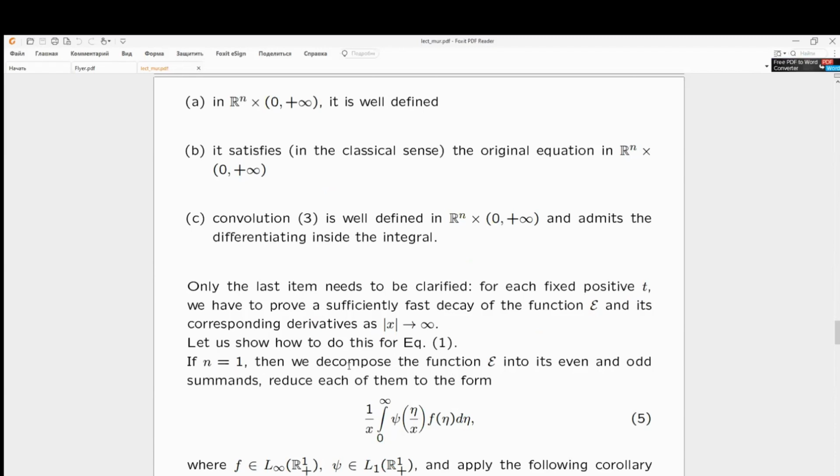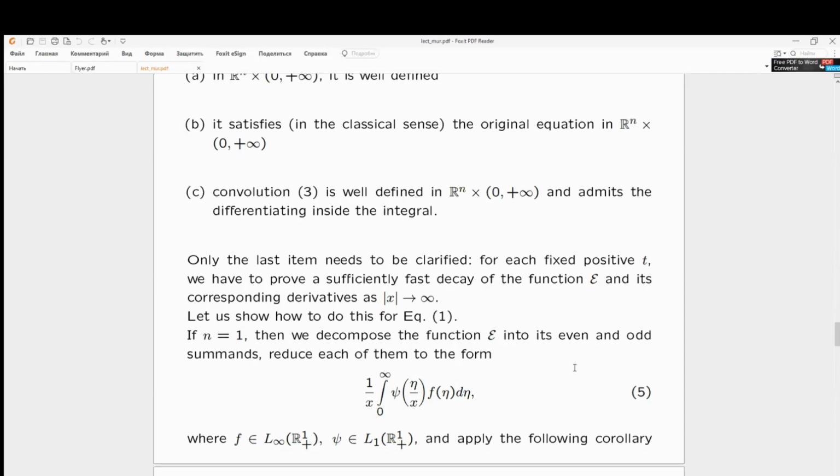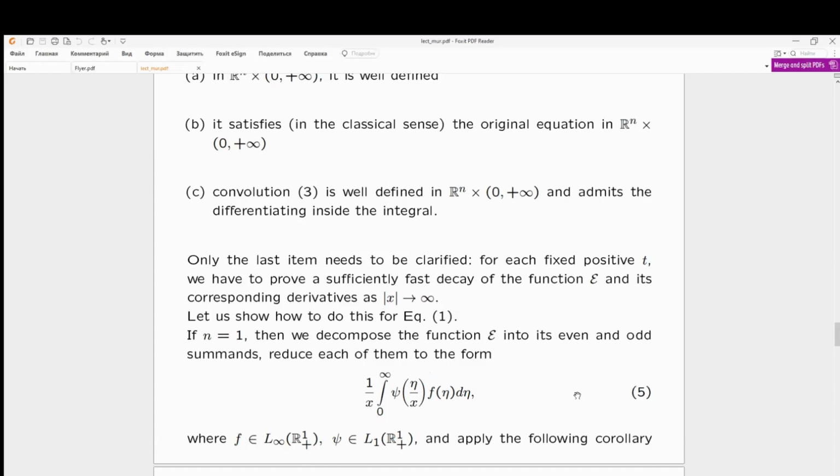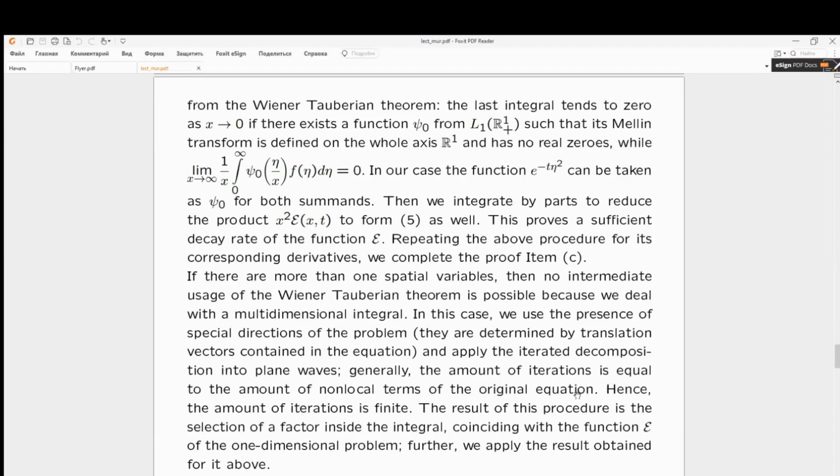If n is equal to 1, then we decompose the kernel into its even and odd summands, reduce each of them to form 5, where f belongs to L infinity on the positive half line, while psi belongs to L1 over the positive half line. And then we apply the following corollary from the famous Wiener-Tauberian theorem. The last integral tends to 0 as x tends to 0.